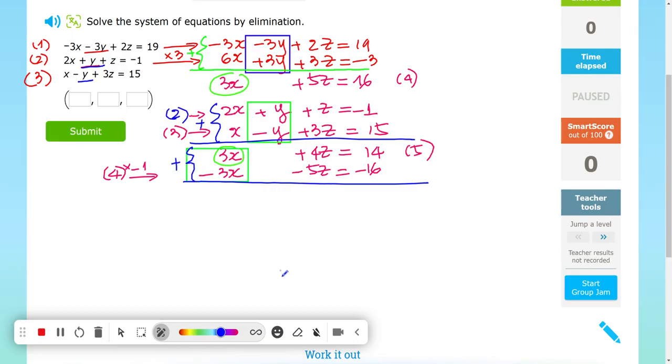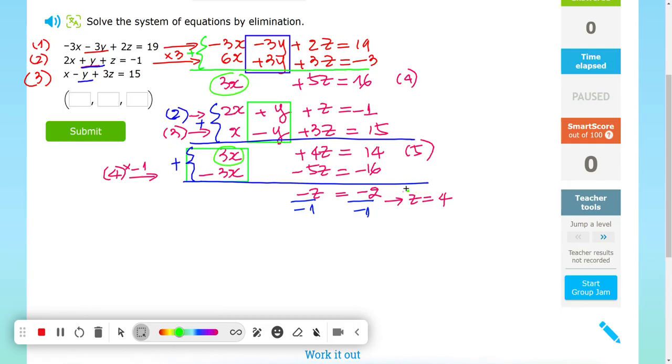So you come out with negative z equals negative 2. I divide by negative 1 on both sides, then I come out with z equals 2. So I come out with the answer for one unknown.